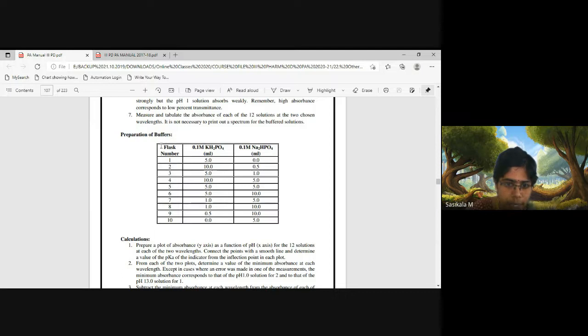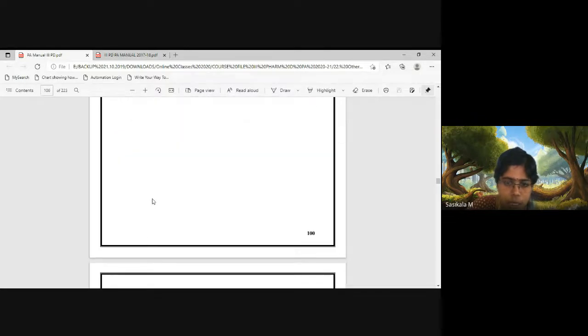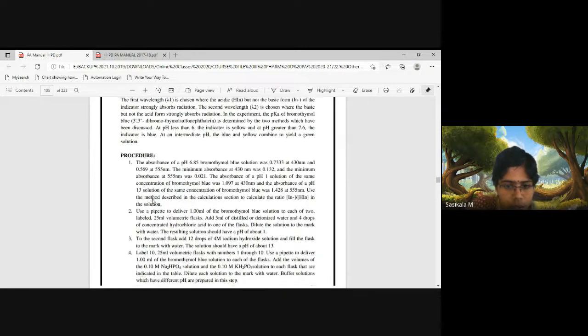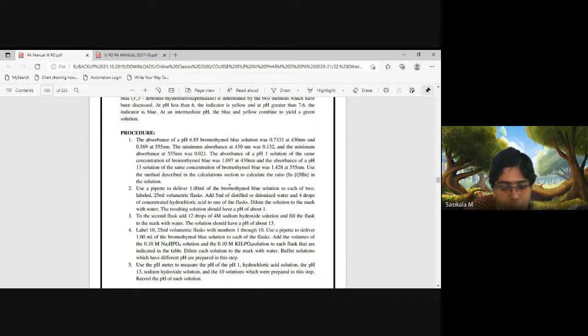So all 10 different flask solutions will give pH values from acid pH to basic pH. Then use a pipette to deliver 1 ml of bromothymol blue solution to each of the labeled 25 ml volumetric flasks. Okay. So after adding your buffers, you need to add 1 ml of bromothymol blue solution. What is the concentration of bromothymol blue solution?